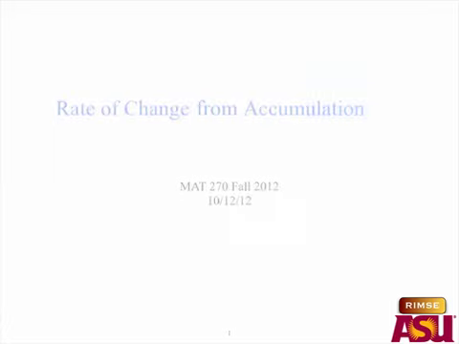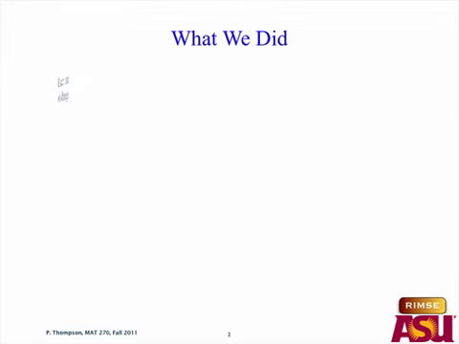So let's kind of walk this out. What have we done so far? We started with exact rate of change. What was our goal in the end? So given exact rate of change, we had an end goal. What was our end goal? Accumulation function.